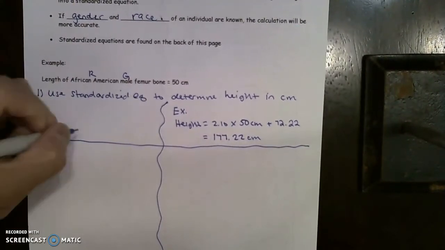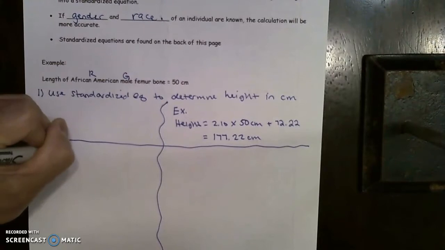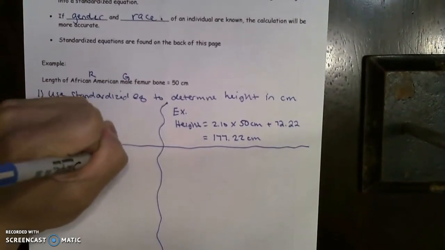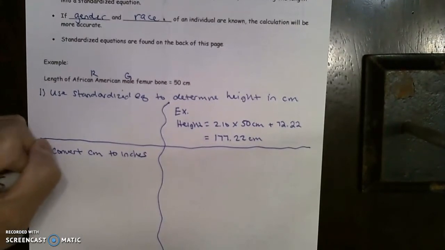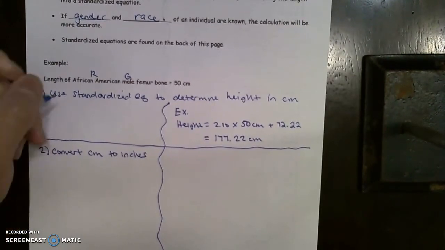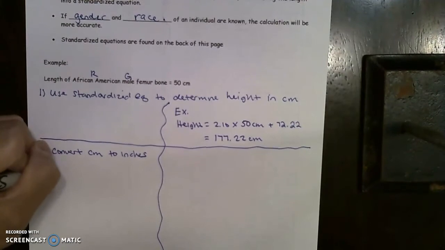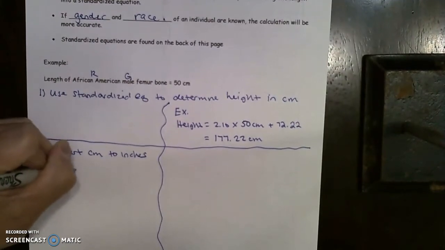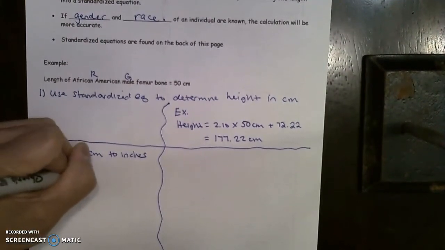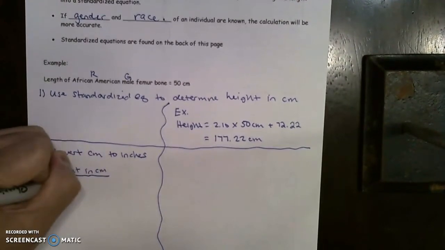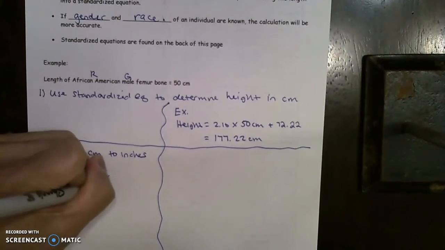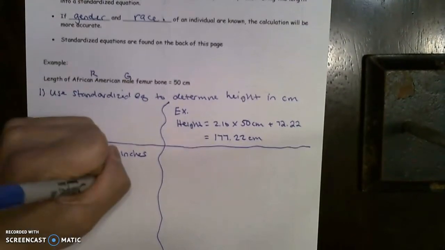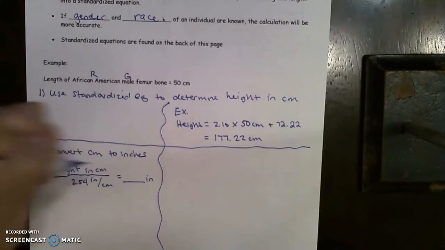Step number 2, what I'm going to do first is convert the centimeters to inches. We know that there are 2.54 centimeters in an inch. So my equation will look something like this. My height in centimeters, I'm going to divide by 2.54 because that's how many centimeters are in 1 inch, and that's going to give me my answer in inches.